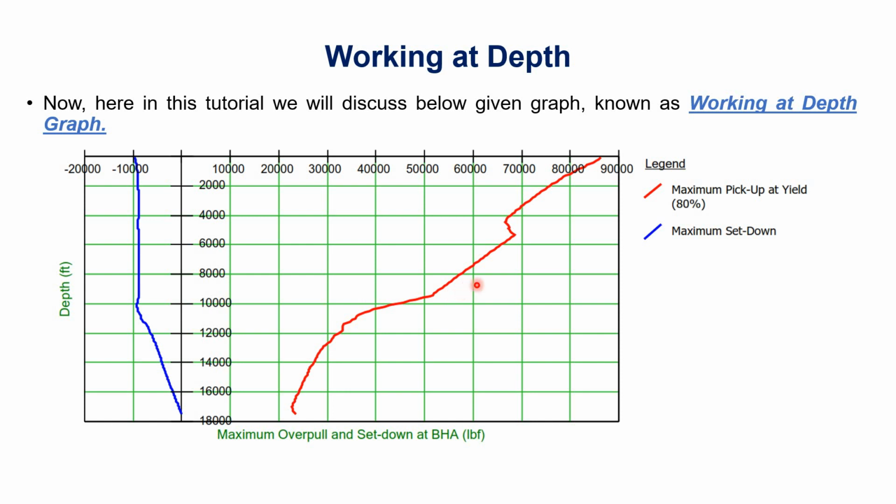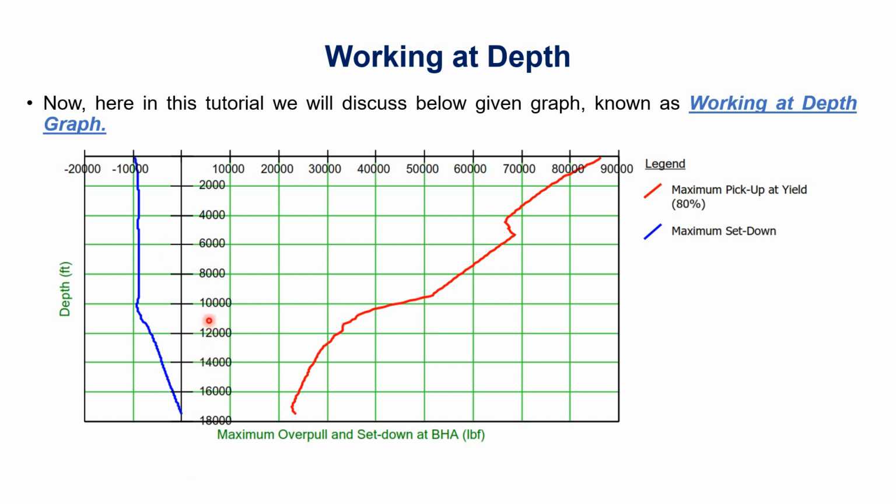For this graph, here we can see the legend. It is written maximum pickup at yield, that is 80%. This red line shows the maximum pickup, also known as maximum overpull, and the second is maximum set down, that is the maximum slack. On the x-axis we have the force weight, and on the vertical axis we have depth.